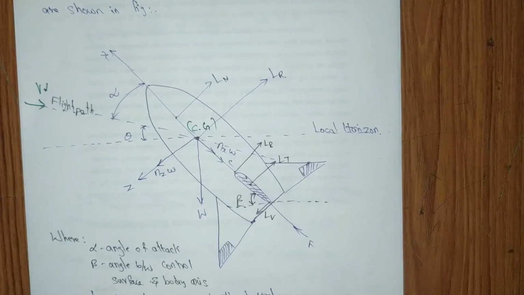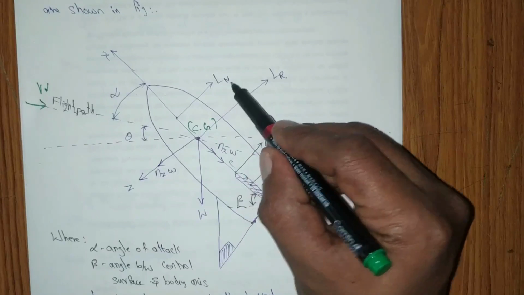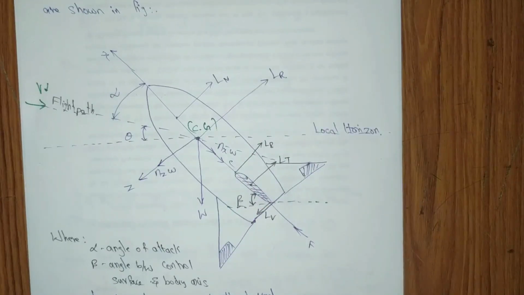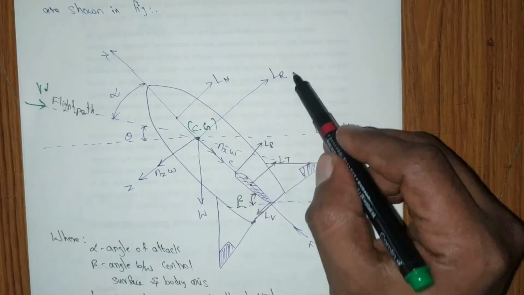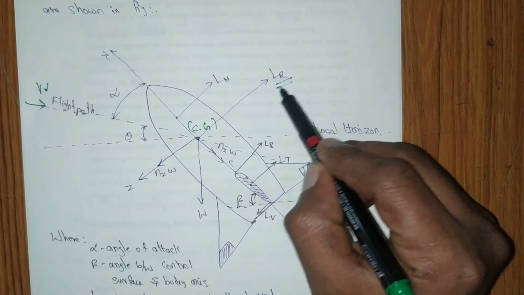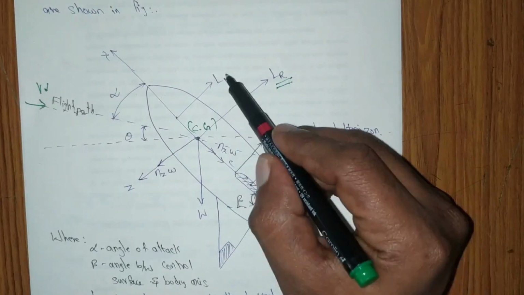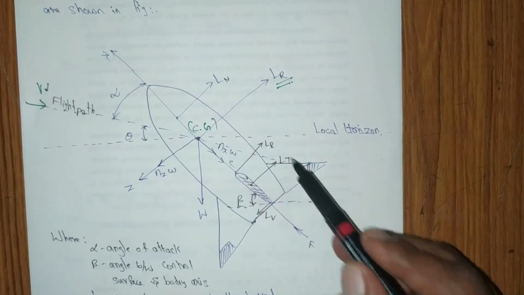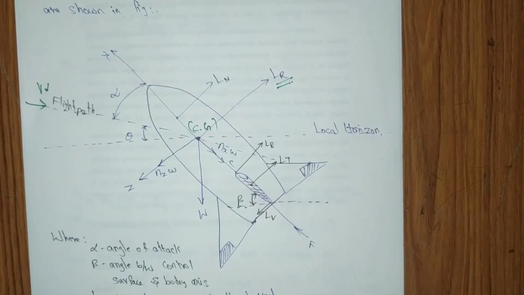Lift components, we have different cases. For example, the nose will produce a separate lift, the body will produce a body lift, and the tail will produce a tail lift, right? So each component will produce a different lift, and we have the resultant lift. We have the combination of nose, body as well as tail section, right?